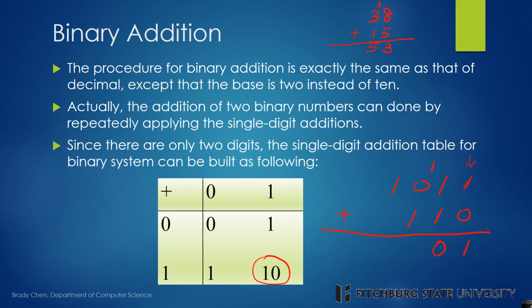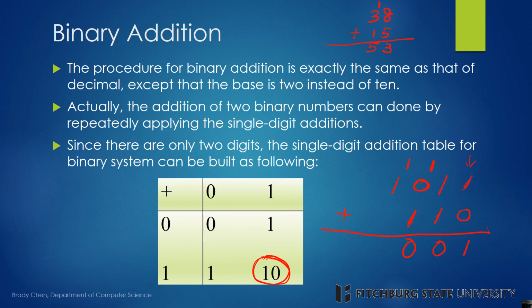So then look at the fourth position. It's 0 plus 1, then you got a 1. But remember, you have a 1 carried over from the previous position. So 0 plus 1 is 1, then plus another 1, so you got 2. Again, it's 1, 0. So we put 0 here and carry a 1 to the next position.